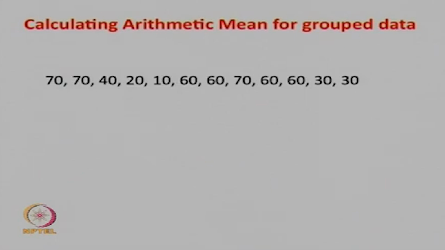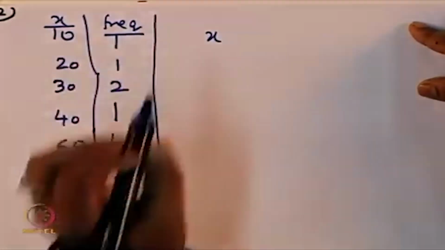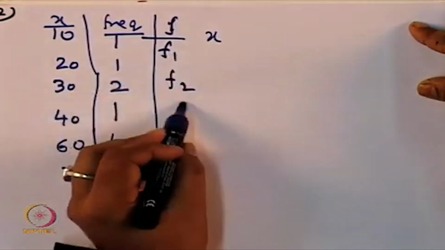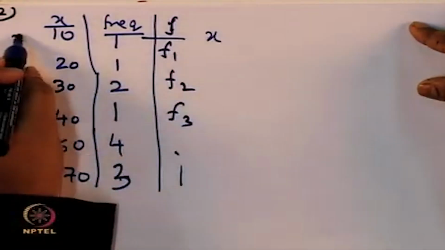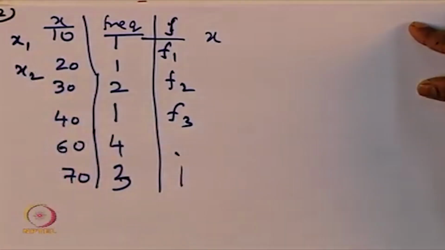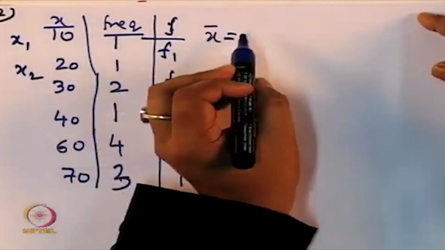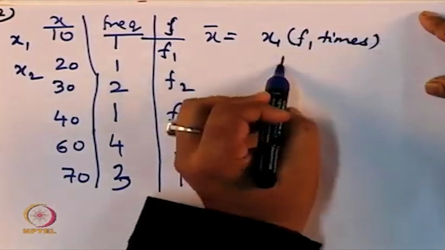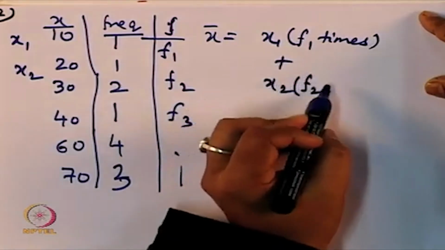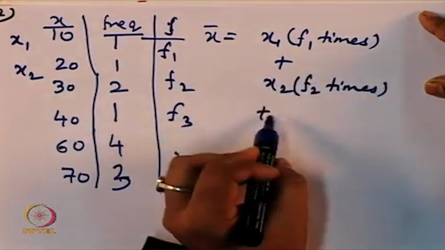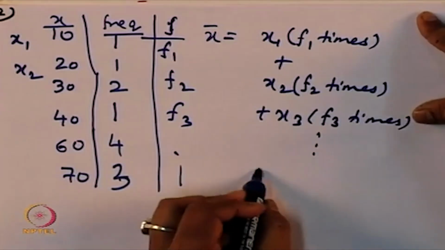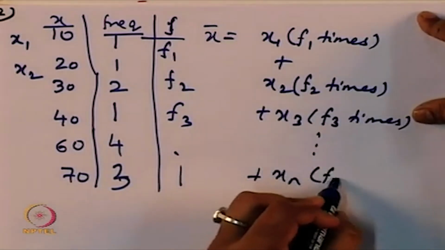If I were to go back to the way we calculated our average, in general we can write the frequencies as f1, f2, f3, and so on, and the values as x1, x2. So, we can calculate x bar as x1 times f1, plus x2 repeated f2 times, plus x3 repeated f3 times, and so on, plus xn repeated fn times.